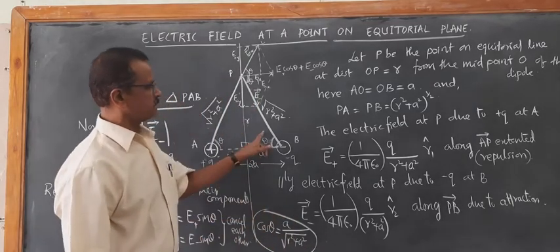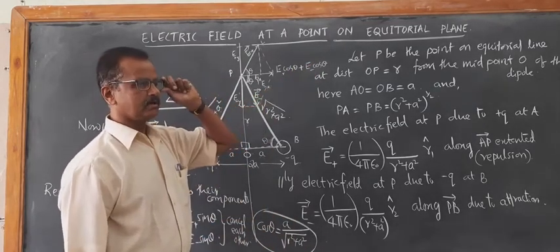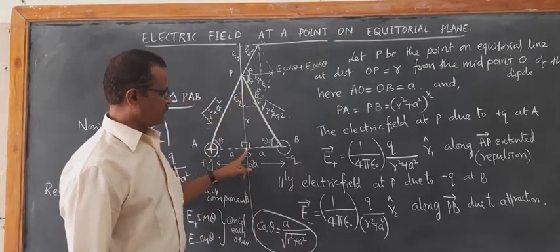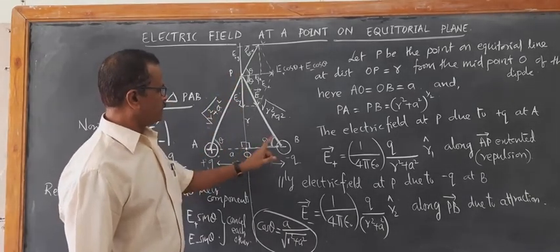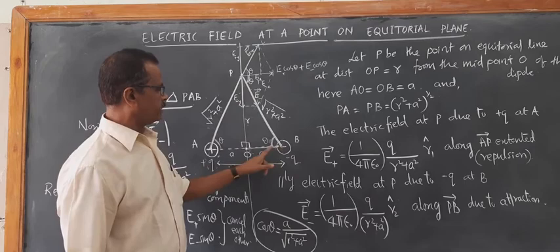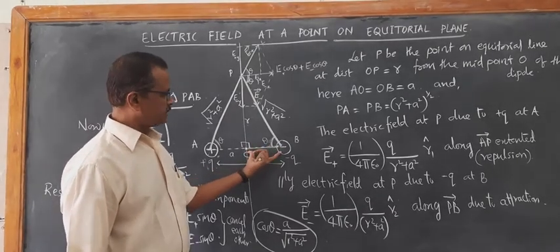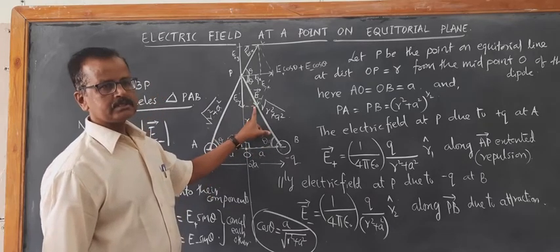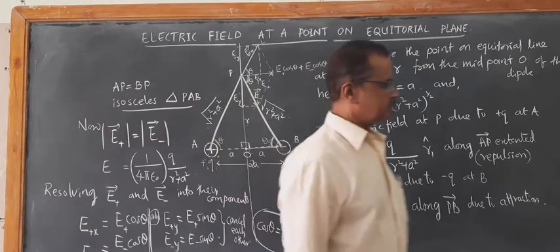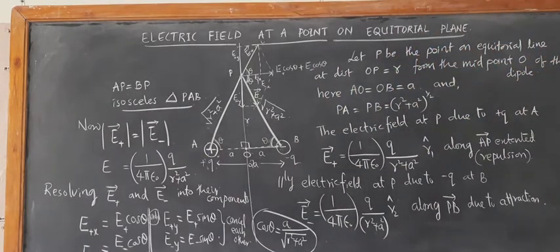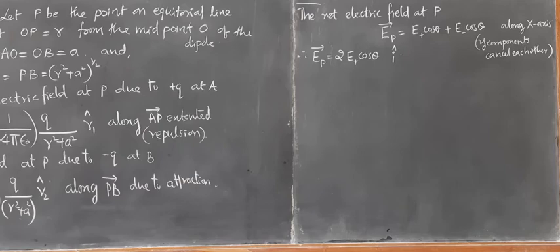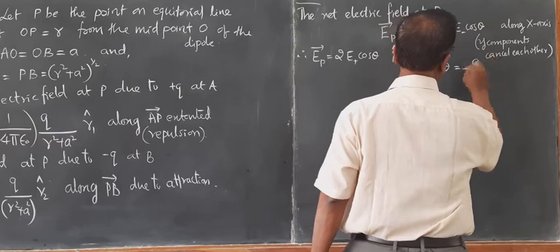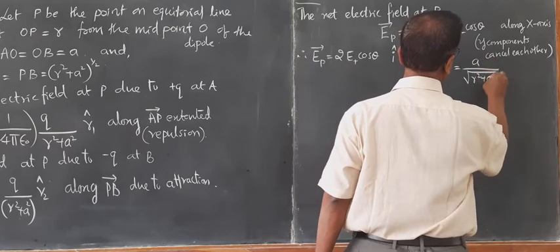So I can use this in the final equation of the resultant. From the right angle triangle POB, cos theta is equal to adjacent divided by hypotenuse. Adjacent is a and hypotenuse is the square root of r square plus a square. So I am substituting the value of cos theta: a upon square root of r square plus a square.